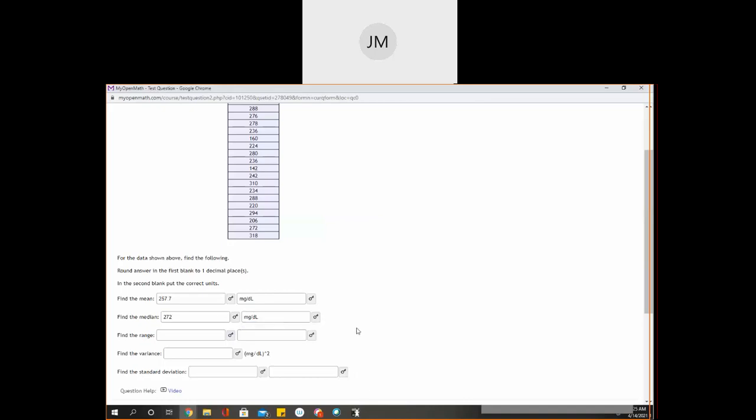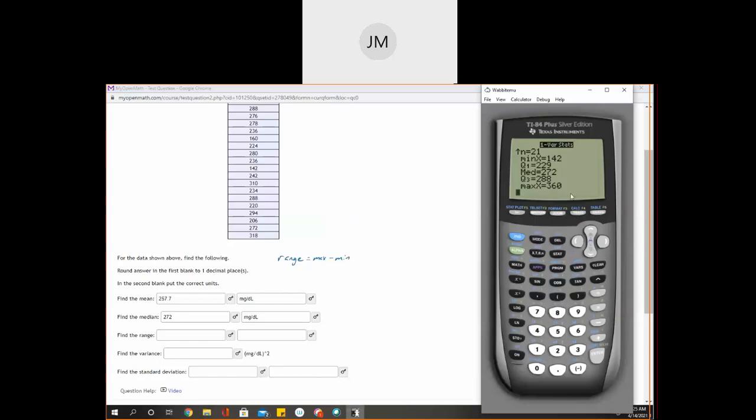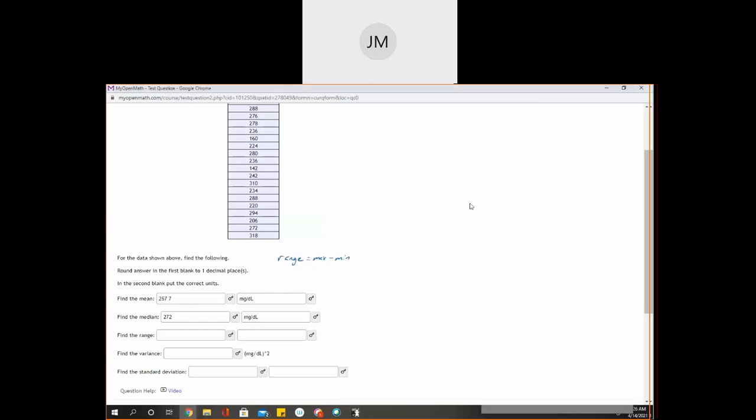Okay, to find the range, I want the difference of the maximum and minimum. So that one I have to compute on my own. My calculator doesn't give it to me directly. But what my calculator does do is tell me what the max and the min are. So I don't have to go through that list and figure out which one's the smallest, which one's the biggest. I can just read it off. So 360 is the max and 142 is the min.